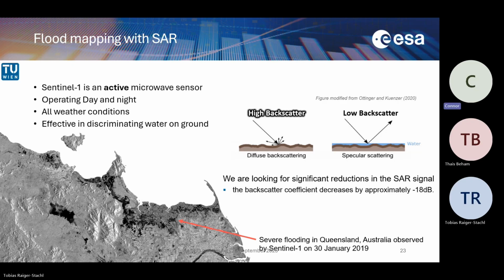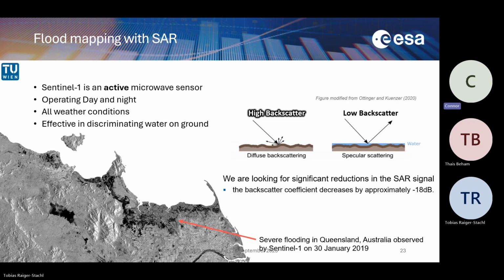Based on our experience, the backscatter coefficients normally decrease by approximately minus 18 decibels. Just to be clear, decibels are a logarithmic ratio. Backscatter is actually unitless, but we use decibels to measure it.